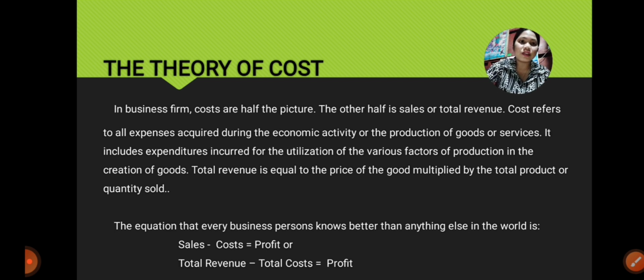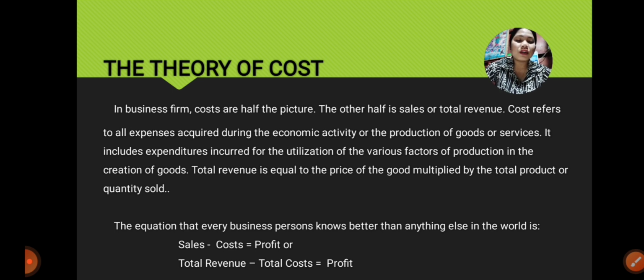Total revenue is equal to the price of the good multiplied by the total product or the quantity sold. It states that the cost of business highly determines its supply and spendings. It needs to be understood in detail by economists to run their company and increase profit and productivity.